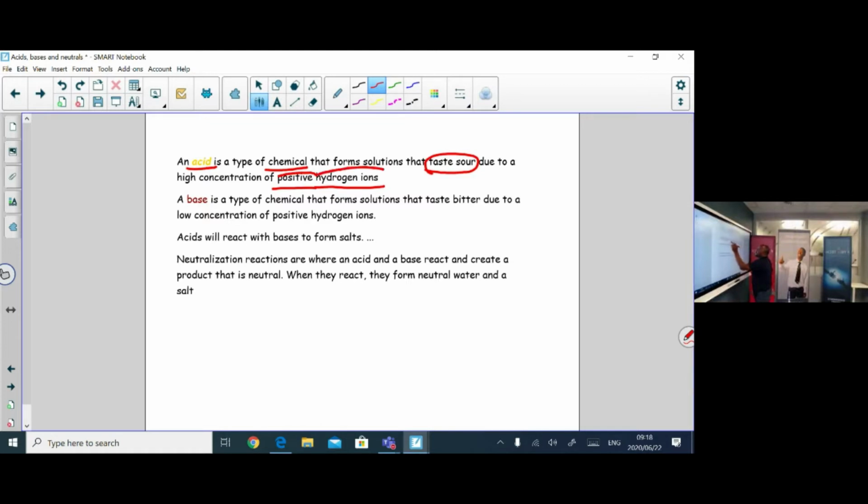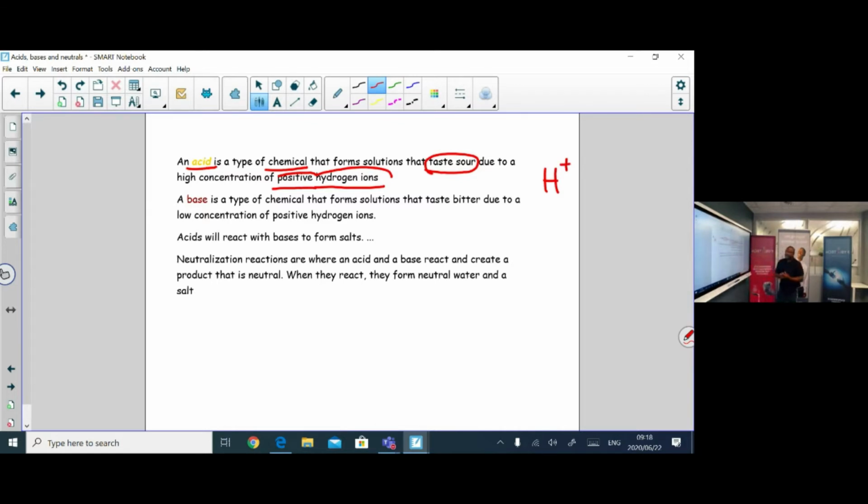Positive hydrogen ions. Did we write the sign for hydrogen ions? It's just for us to know. We would meet this as we move on to grade 9 and 10, when we start to specialize in grade 10. The hydrogen ions are written like this: an H with a positive charge, which means they are positive.